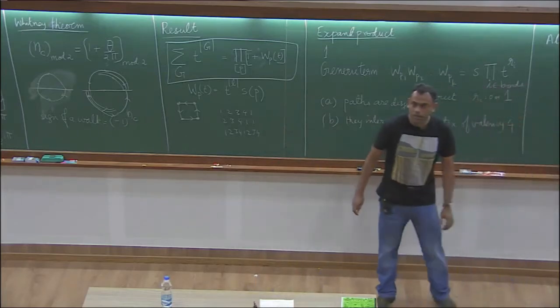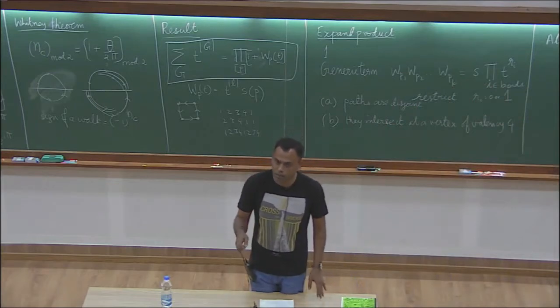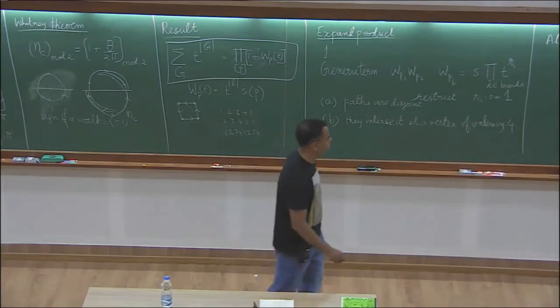Okay. So now, if the graph is disjoint, then we are done because we can assign arrows only one way.